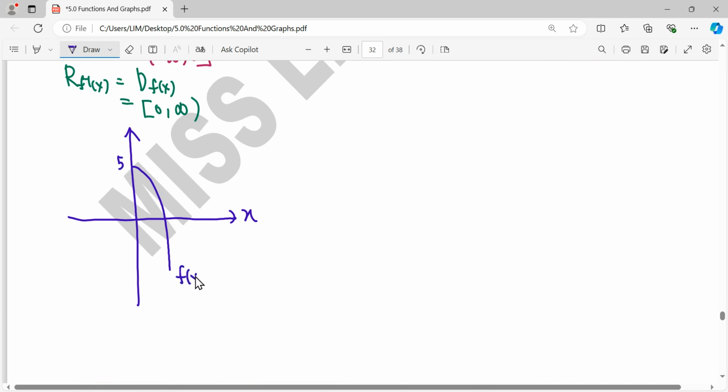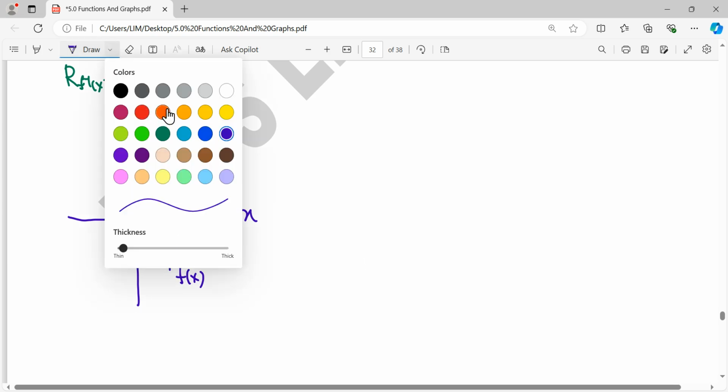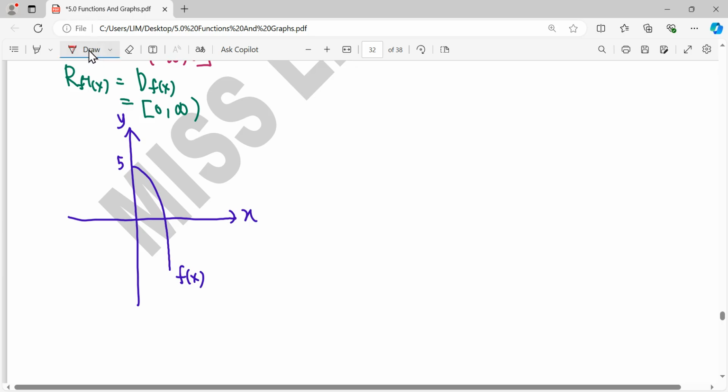This is the function. To find its inverse function, we need to reflect it on the axis of reflection. Our axis of reflection will be a line passing through the origin with a gradient of 1, y equals x.